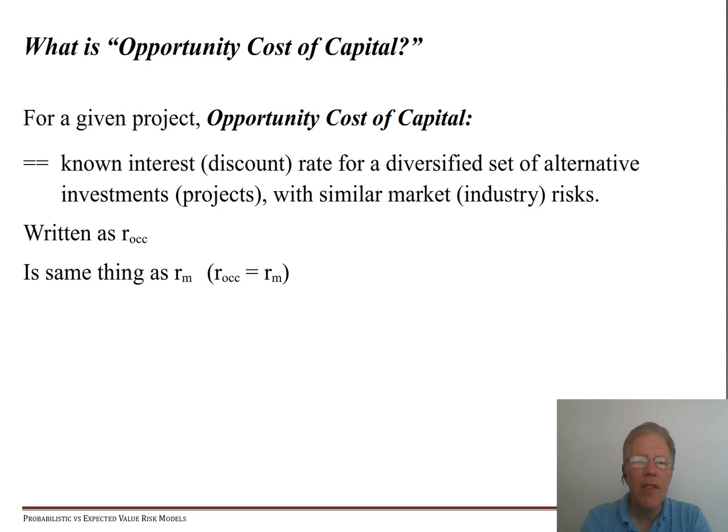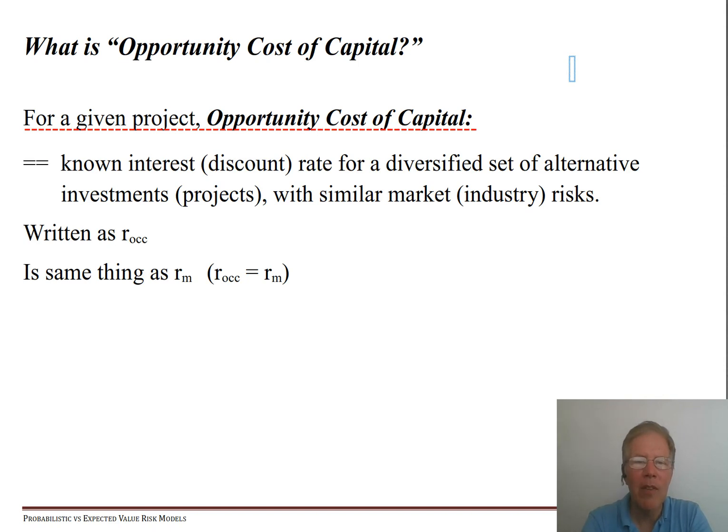So let's give ourselves a definition of the opportunity cost of capital. It's always going to be for one project, for one player at a time, okay? But the opportunity cost of capital for that project, for that player, is going to be the known interest rate or discount rate for a diversified set of alternative investments or projects with similar market or industry risks, okay?